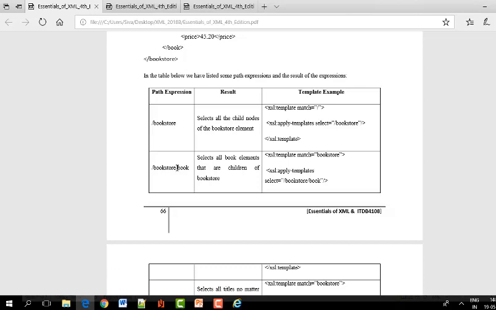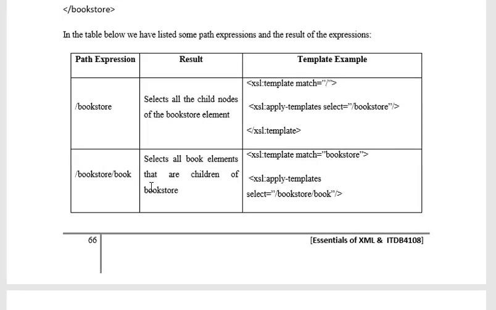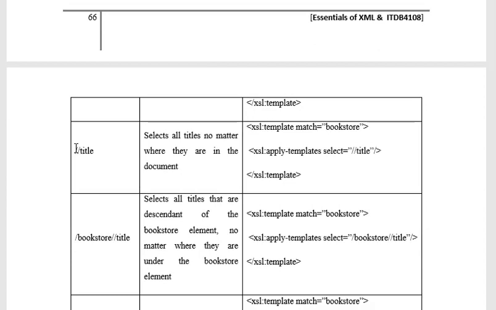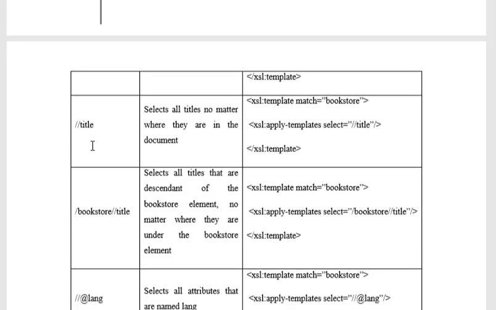You also have used these things in chapter 3, XSLT expressions. So this identifies the bookstore element, and this is the book element of all bookstore elements. And this is what I said, all the descendants, meaning all the title elements, wherever they are in the whole document.